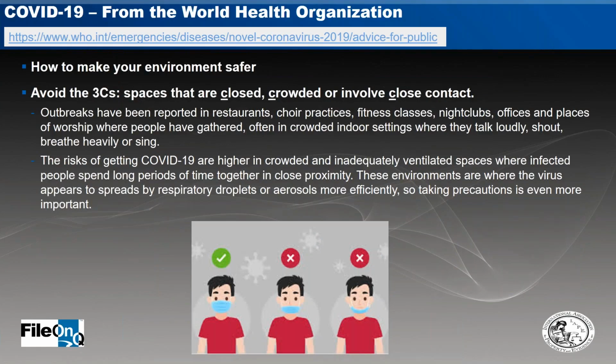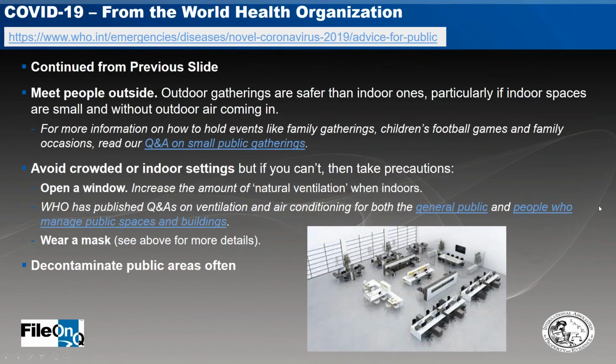So we want to look at different resources to figure out how we're going to make our environment safer, and the 3 C's seem to apply and have been pretty effective in our workplace. So we consistently evaluate that and make sure that we can do the things that we need to do without exposing people to additional risk.